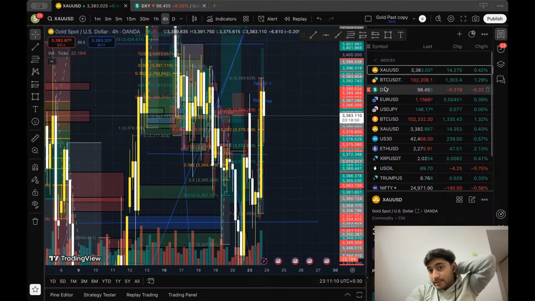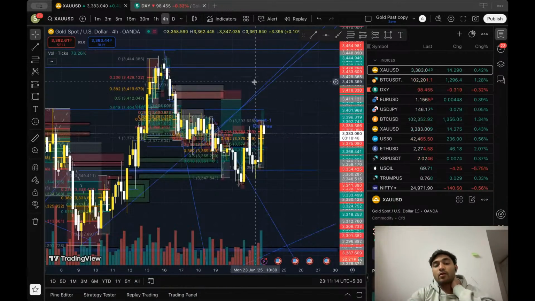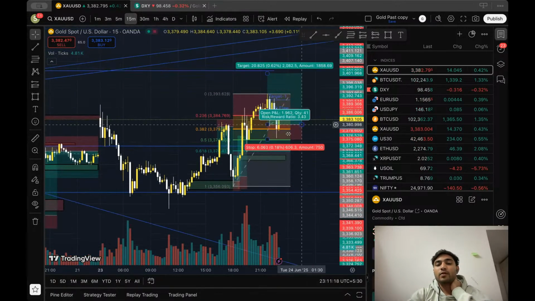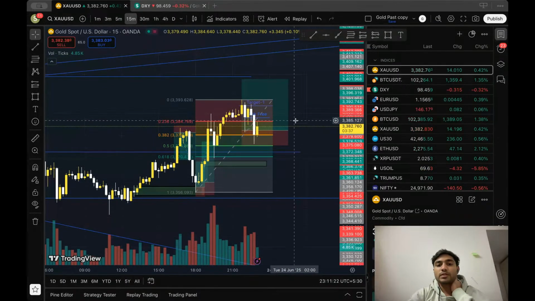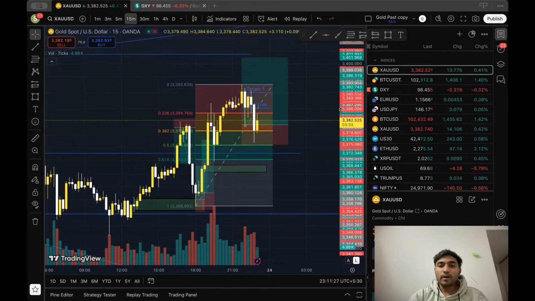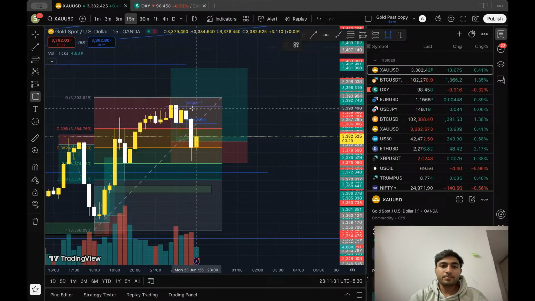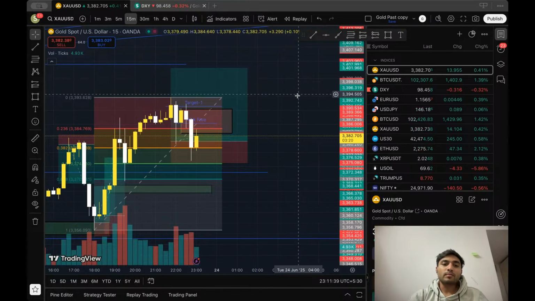The only thing resisting it, what do you think it is? It is the formation of order blocks and all. This is an order block which is being tested right now. We're in buying and this is a bearish order block. That is a problem.